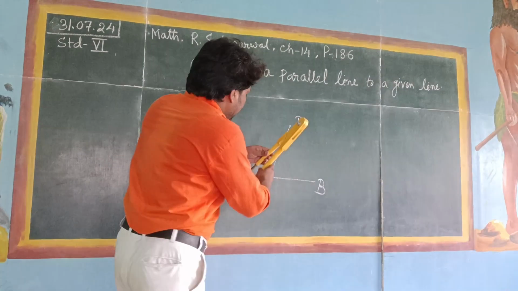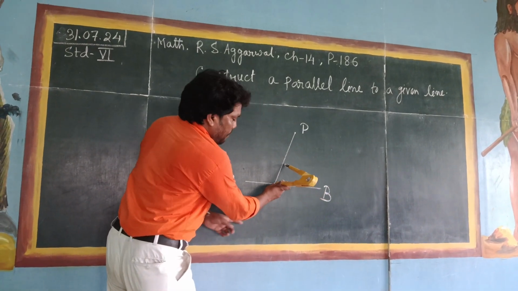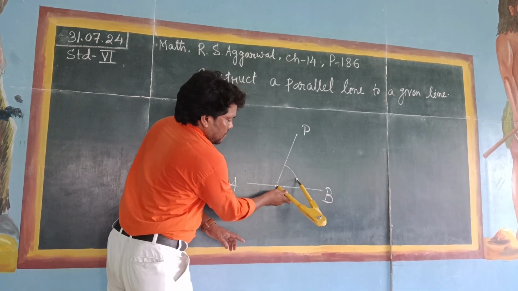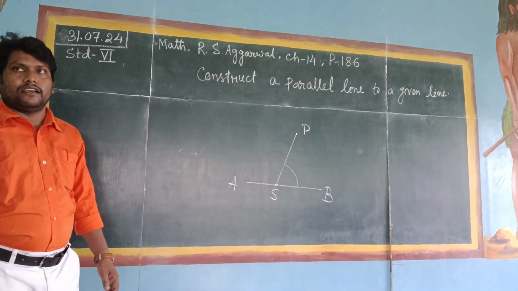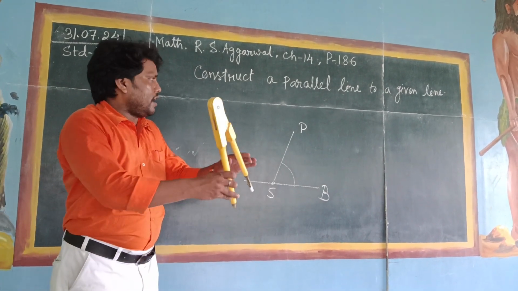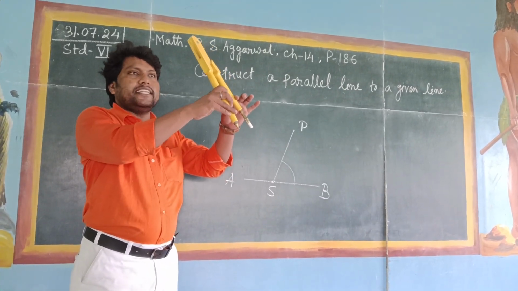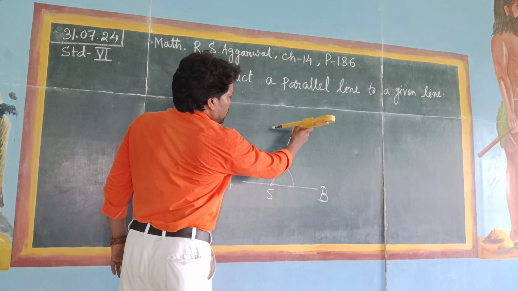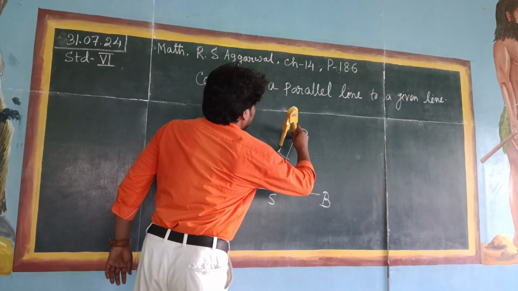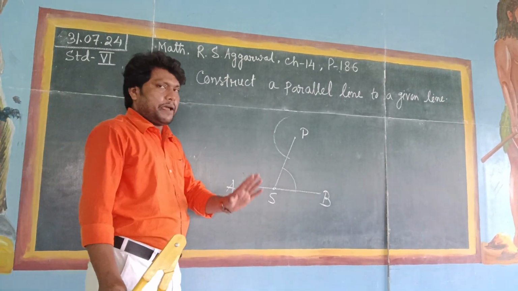At first take an arc of any radius through the point S, cut here and make an arc. Now next step, without changing the radius, also cut from point P. Okay, now I am recapping again.